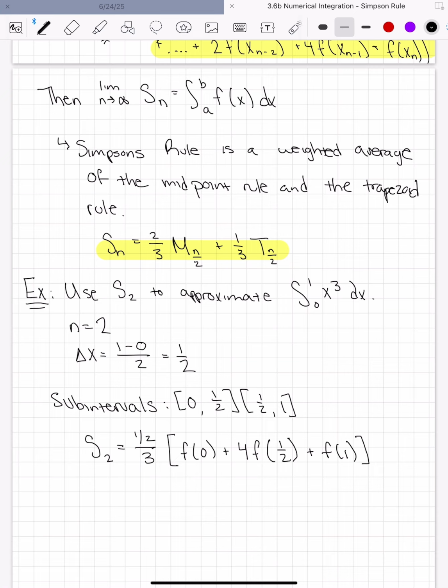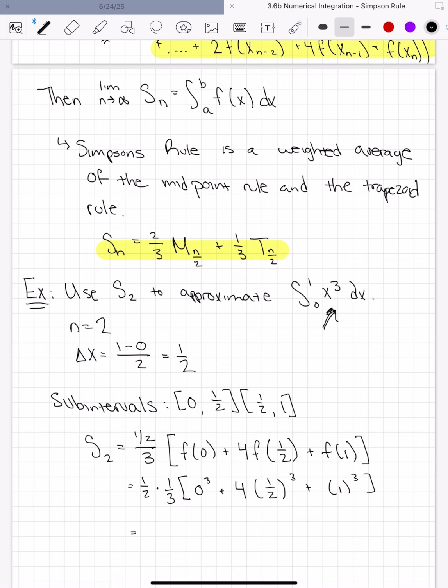So we only have 3 distinct endpoints here. And so then, right, this becomes 1/2 times 1/3, right? I just pulled down the 1/2 here. And then f of 0, remember f of x is x cubed, so that's just 0 cubed, plus 4 times 1/2 cubed, plug in 1/2 into x cubed, and then lastly we have 1 cubed.